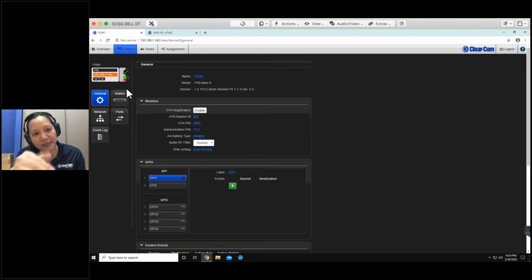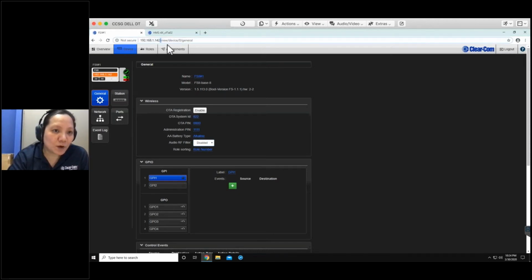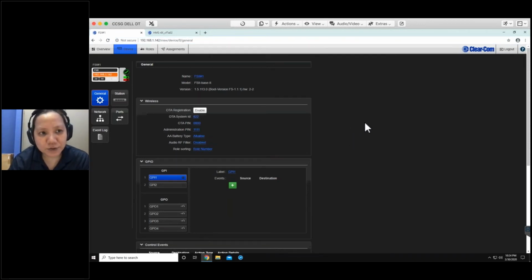You enter this address in your web browser when you're connected to the base Ethernet port. You have to make sure your PC is on the same network as your base, and then you'll get a login screen. I'm not sure what the latest login credential is, because it used to be admin. I think we changed it since the first of January.